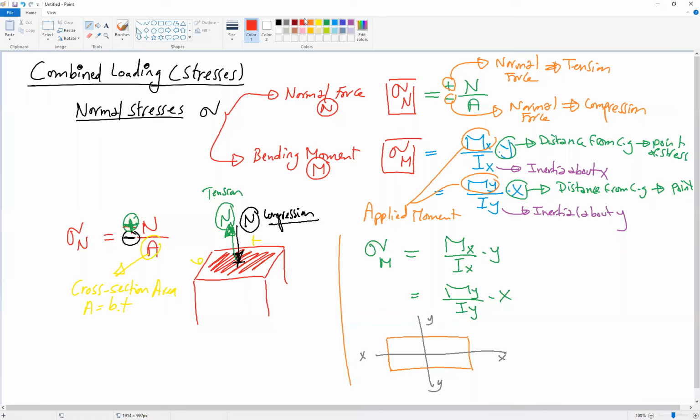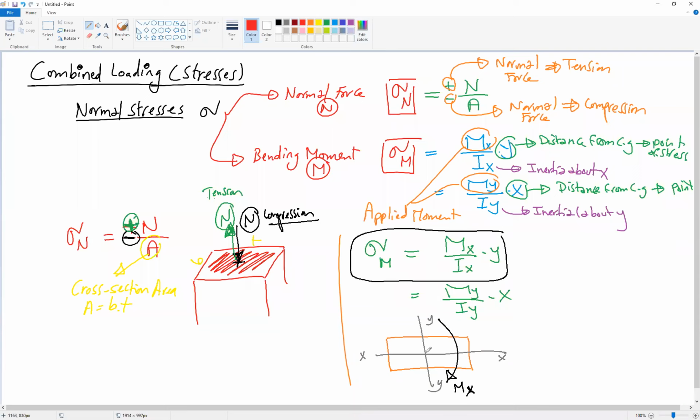So if the moment is rotating about the X axis, this is Mx, so the formula we will use is Mx divided by Ix multiplied by Y. And where is Y?